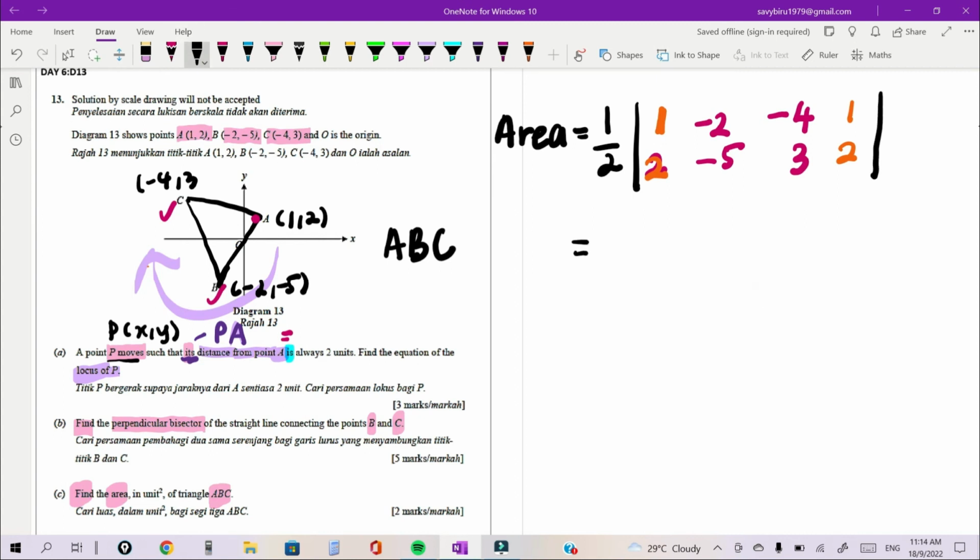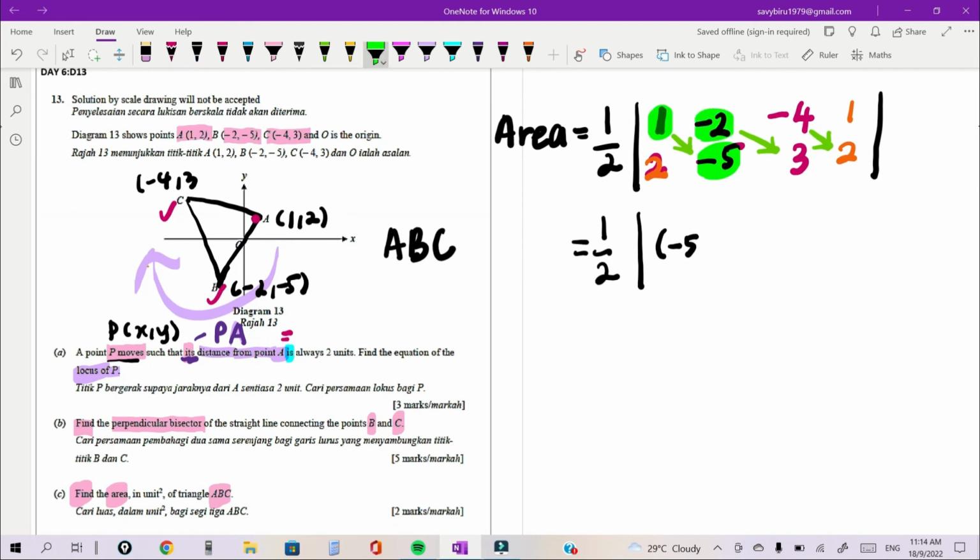Next, how to apply the formula? Saya cara nak ingat, kamu selam. Selam means terjun dulu, terjun. So we take 1 times -5. Copy the formula, the modulus sign. First, you take 1 times -5, that is -5.